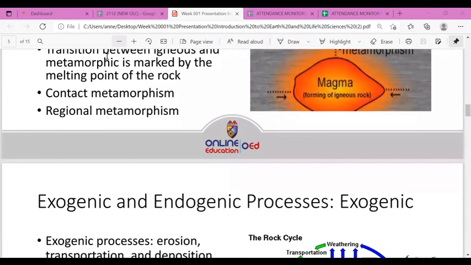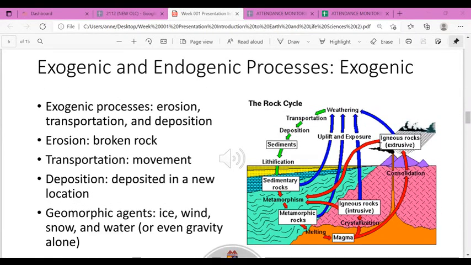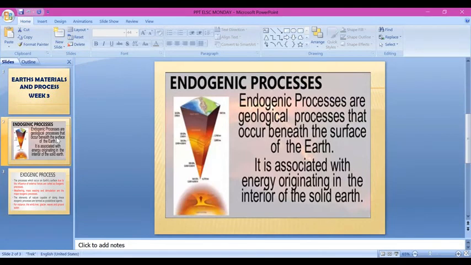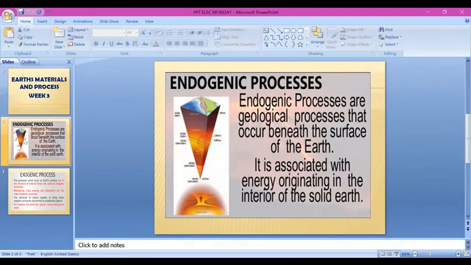Now, our lesson for this afternoon is about the processes that are present nowadays. So let us first define exogenic and endogenic processes. What are the endogenic processes?